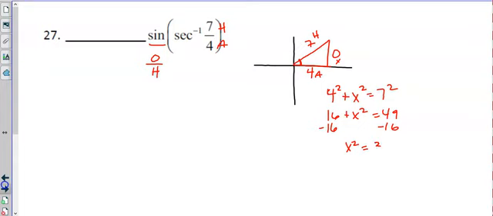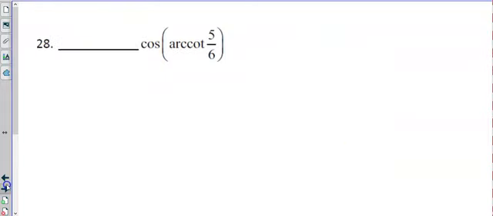Is that 33? Alright, and then O over H, so O is square root of 33, and H is 7. That one's done.